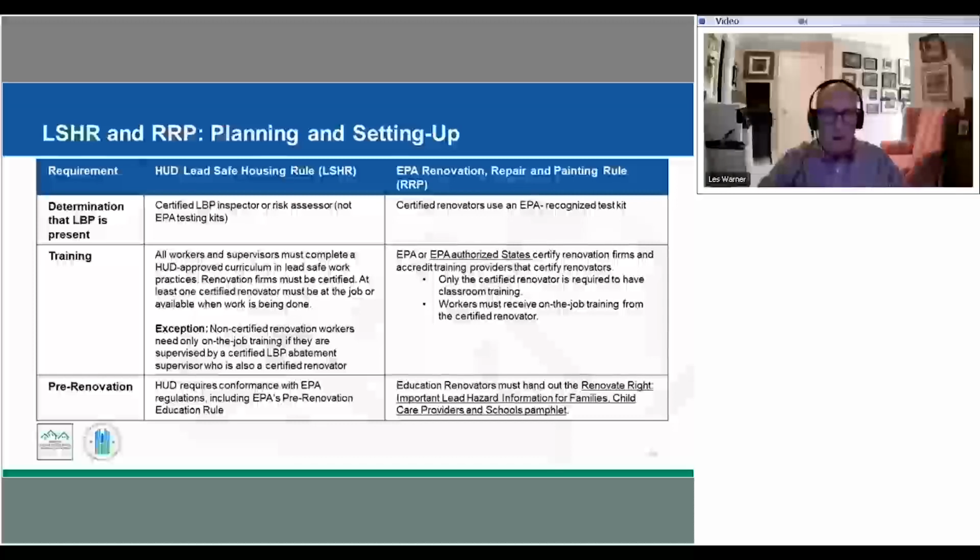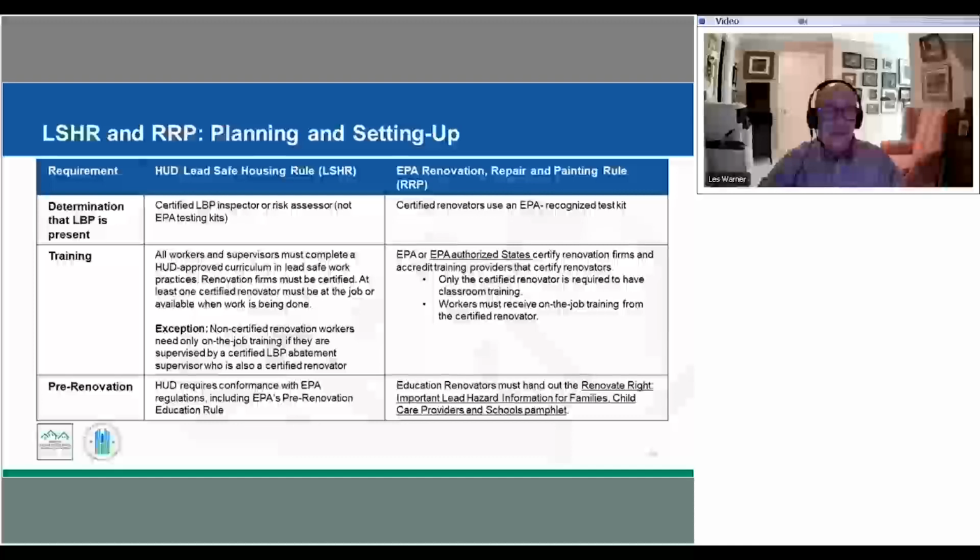We also have training requirements. Again, there's a little bit more flexibility under the EPA requirements. Workers and supervisors must at least have completed the lead-safe work practice training curriculum. The firm itself needs to be certified under the HUD Lead Safe Housing Rule.